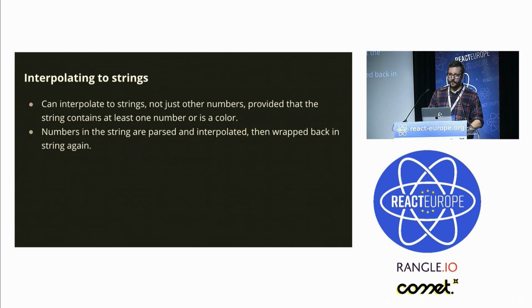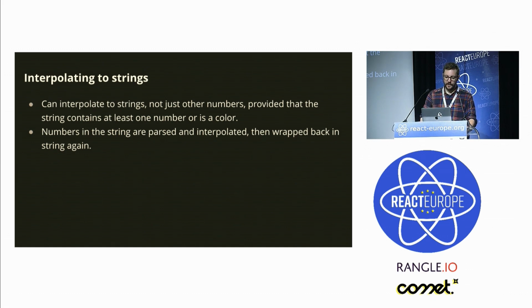Okay, so we've seen so far that you can interpolate from a range of numbers to another range of numbers, but it's also possible to interpolate over strings. This only works for certain strings, so it'll only work if you have numbers in your strings. Perhaps you've used D3 before. This design was inspired by D3 and how you're able to interpolate colors and go from an RGBA value, or even from a string like red or green, to another one.